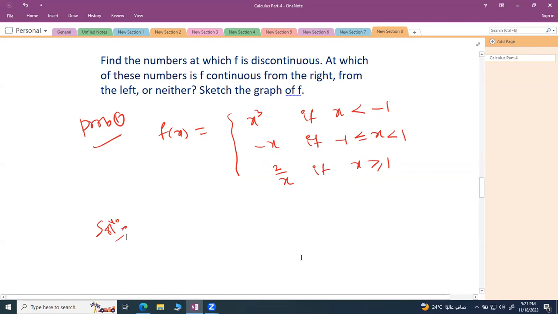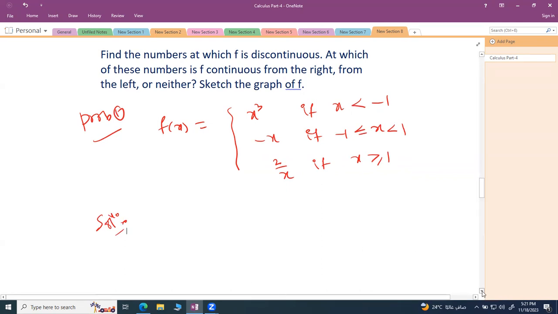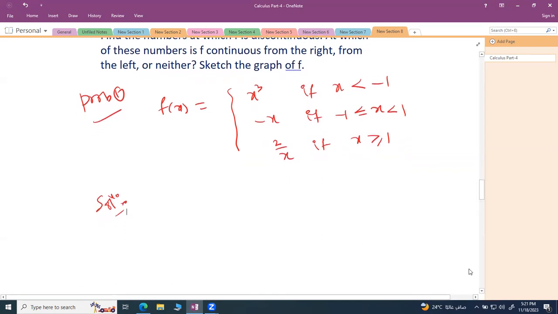We have to check the continuity of f at x equal to -1 and x equal to +1.